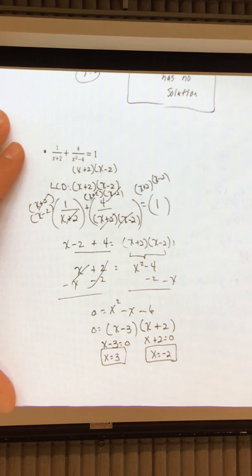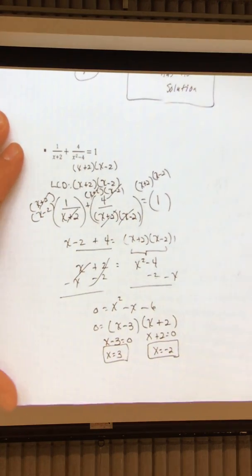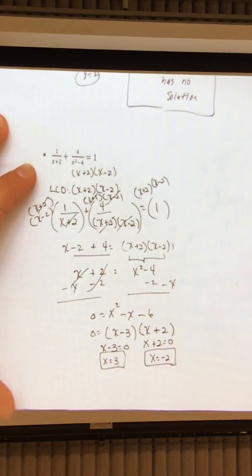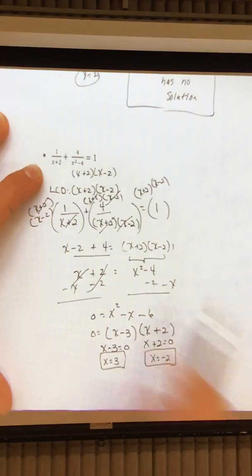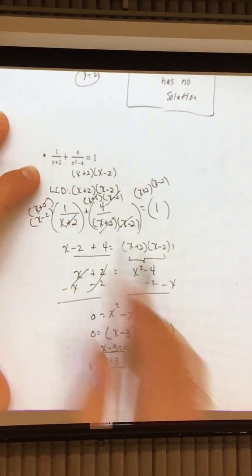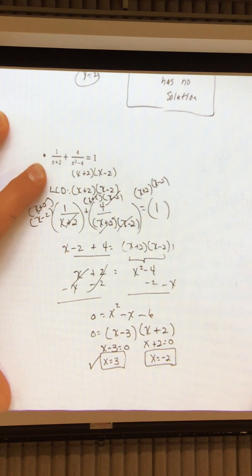And when you substitute these answers back into your original rational equation, we can substitute 3 into the equation, and we're left with no denominators of 0. Therefore, 3 is a solution, but when you substitute negative 2 back into the equation, you have negative 2 plus 2, which is 0.